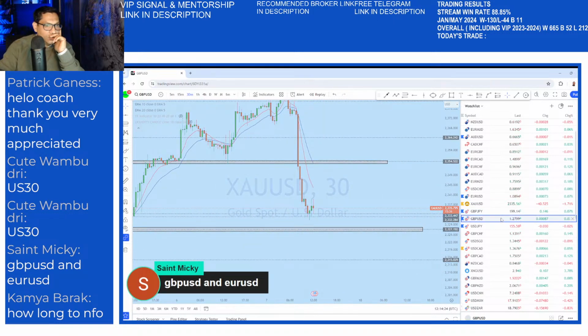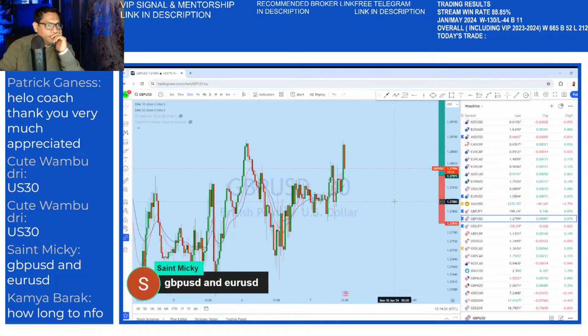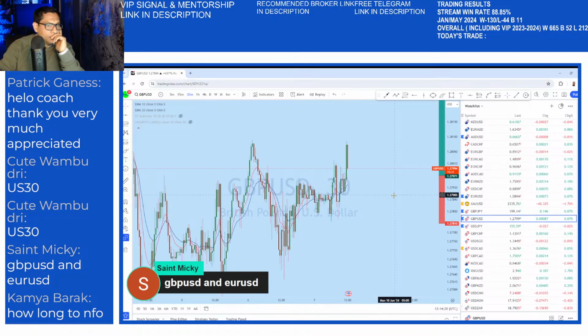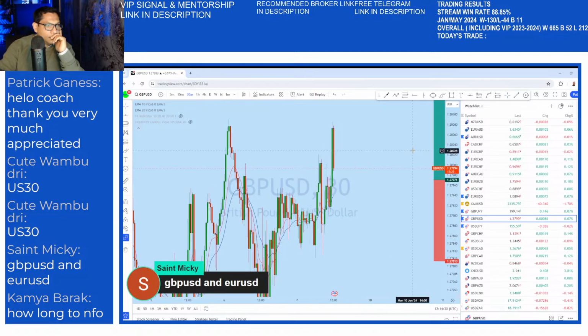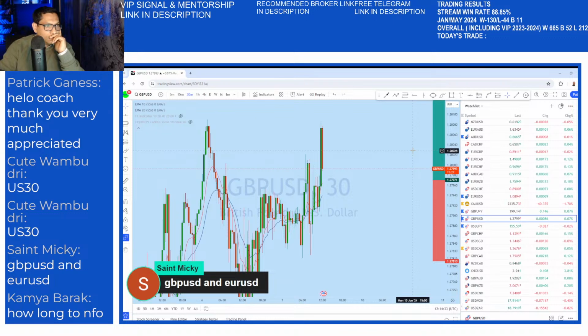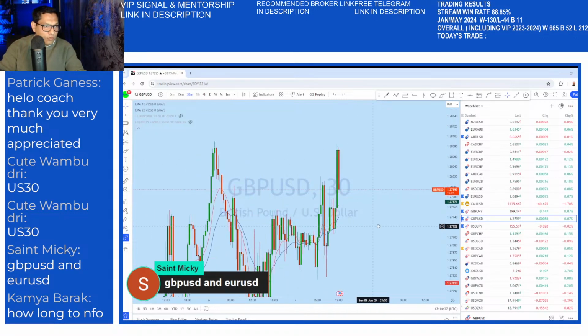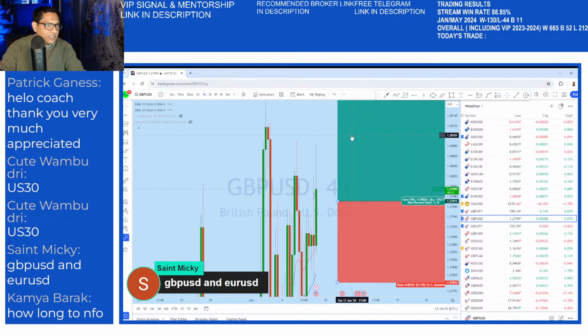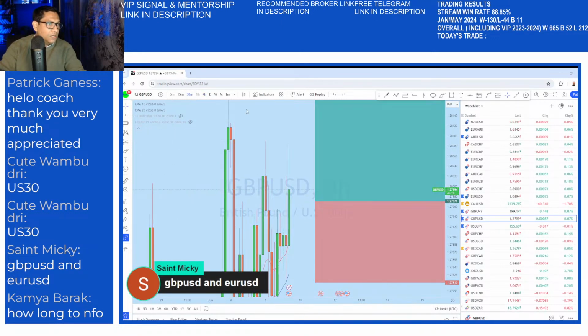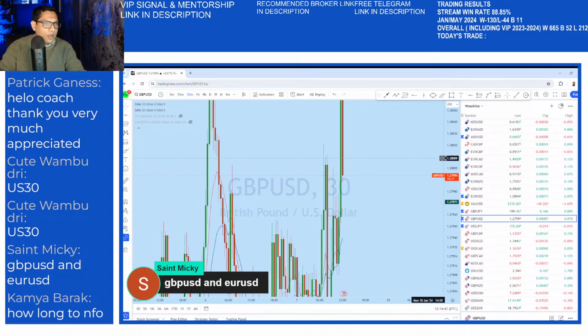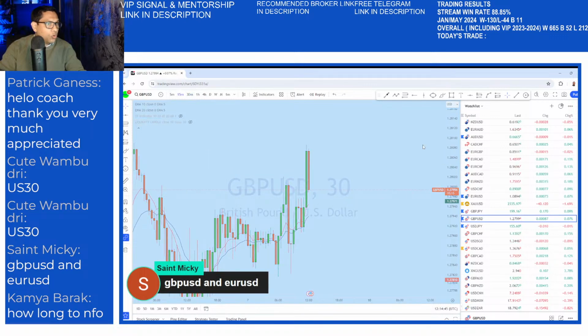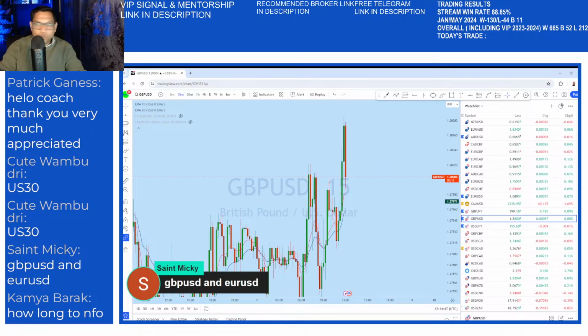Gold and GBPUSD and GBPJPY. So GBPUSD has got a rejection from the top. So this might lead this price to spike down. I would recommend, for those on the VIP, if your trade is not hedged, then we might be able to close it.